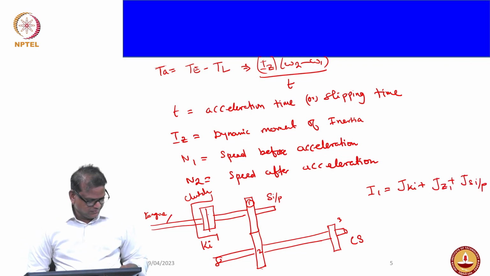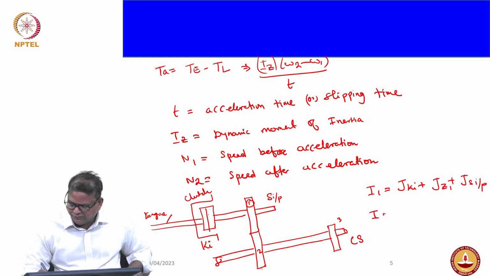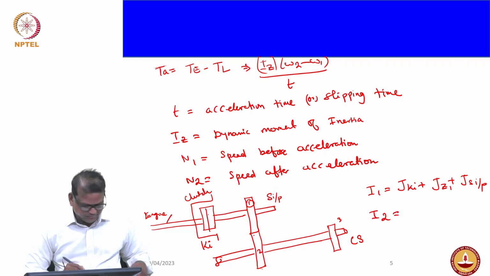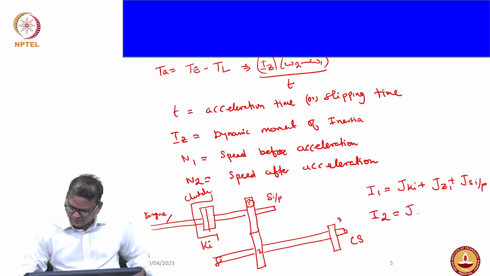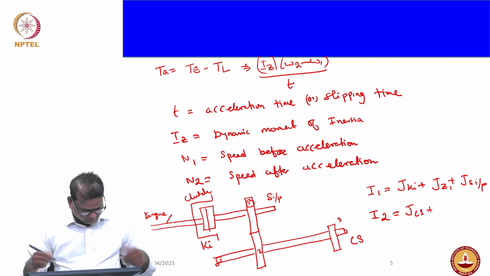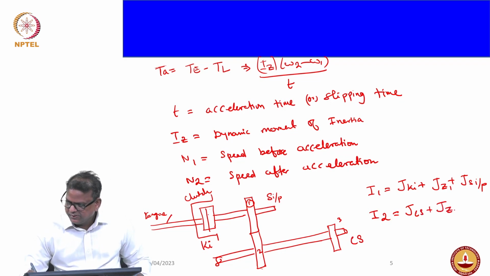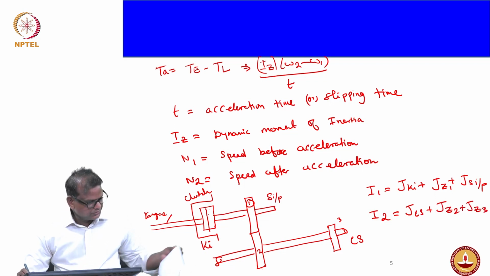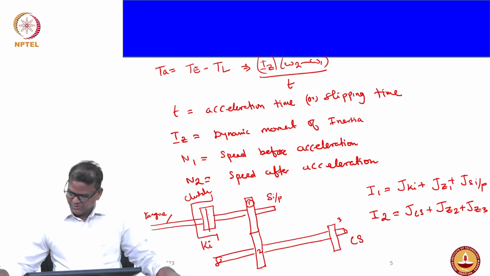Similarly, if I want to do it for gear 2, it is the polar moment of inertia of the counter shaft, plus gear 2 itself, plus gear 3, Z3. This is what we have to do.